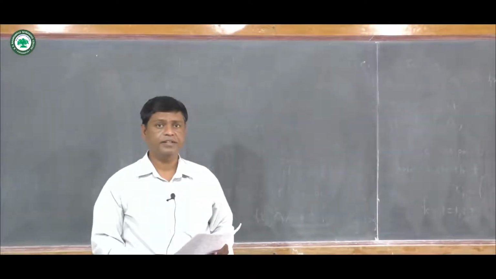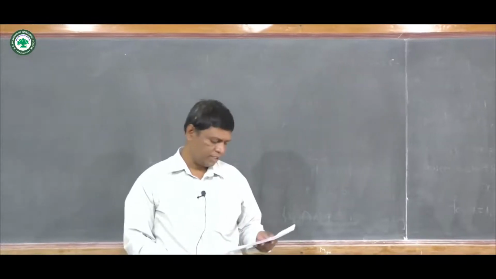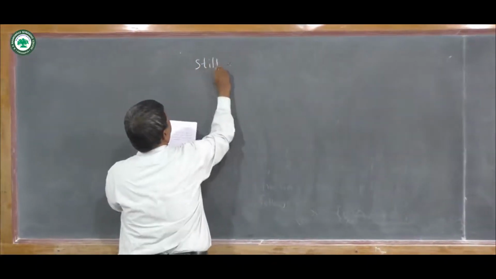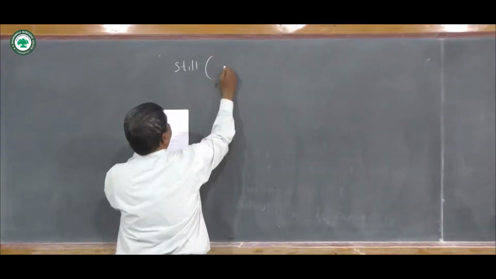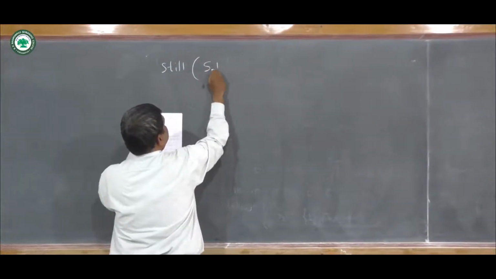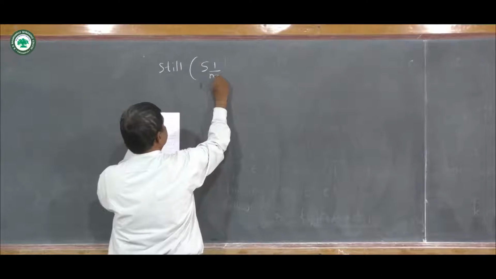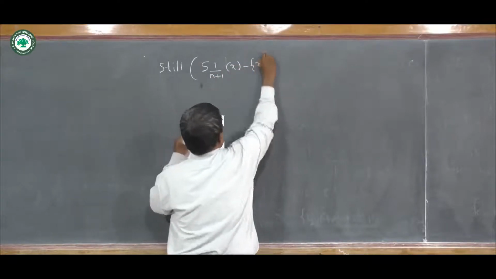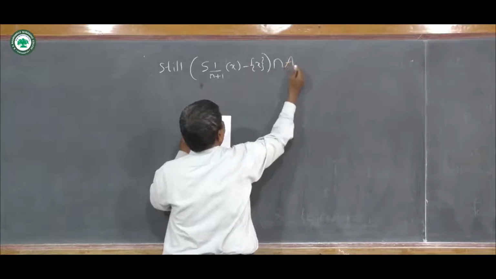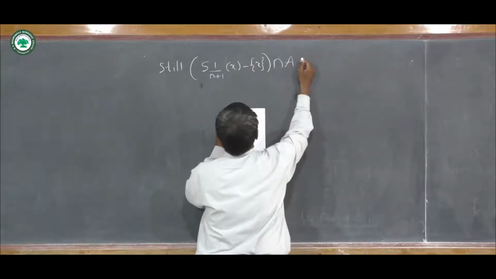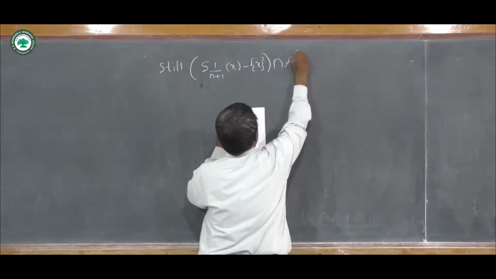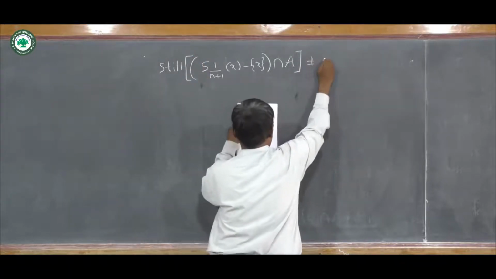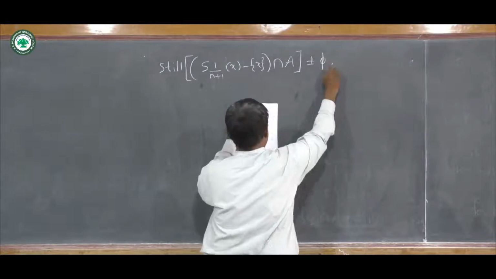But now here x is limit point of set A. So still now this set, that is the open sphere of radius 1 upon n plus 1 about x minus singleton x, intersection with A, is non-empty here, so I am using this. Now this is not equal to empty set.